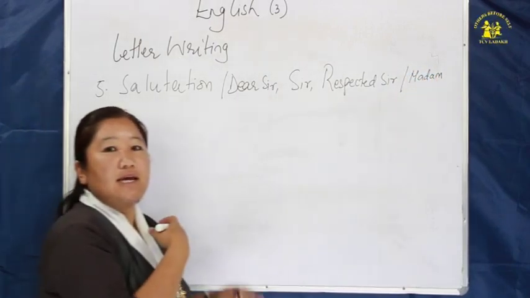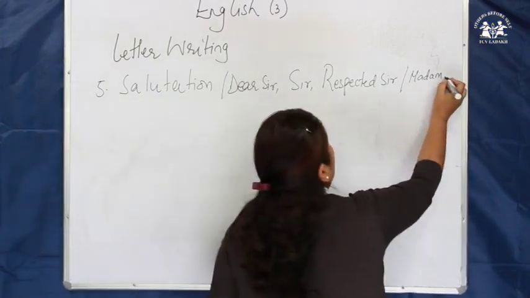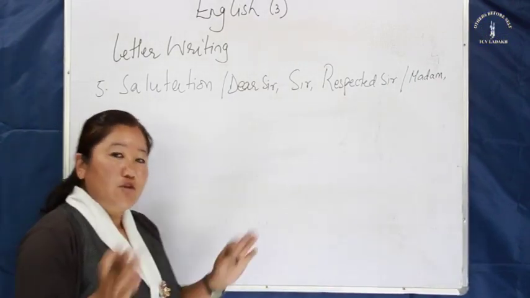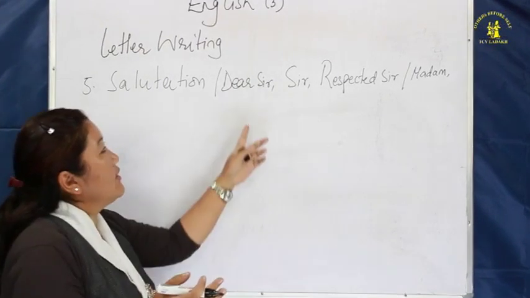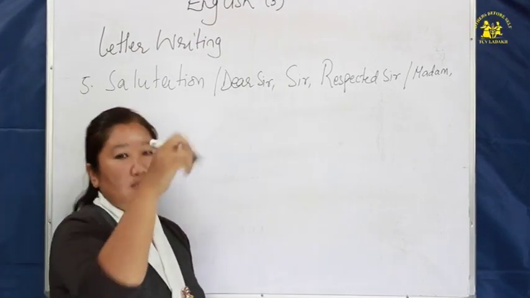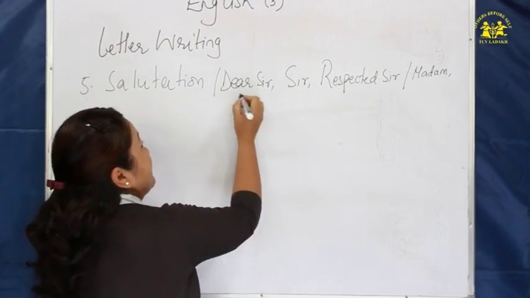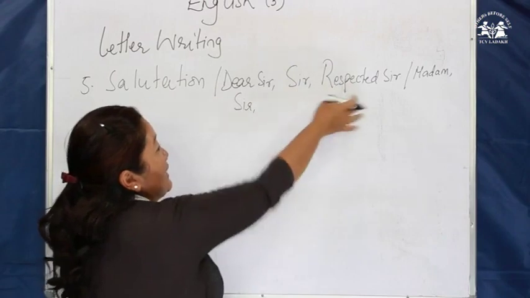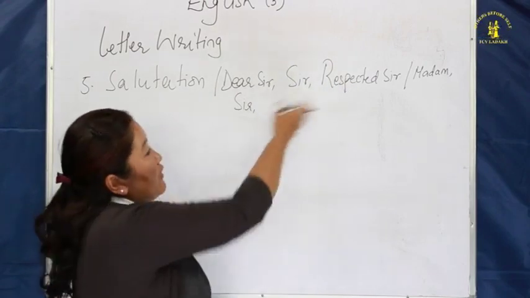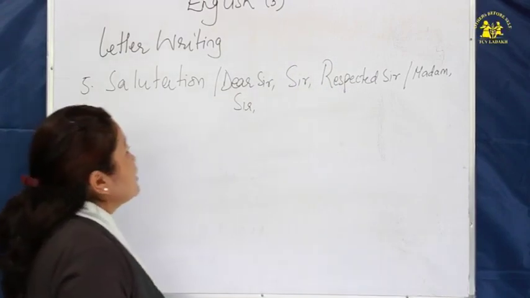You can write any kind of salutation over here. If you're not very sure about whom you are writing to, then you can simply write sir. That can also be done. You have different ways of writing the salutation.